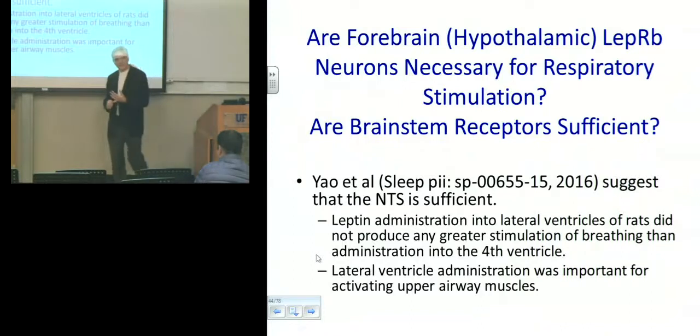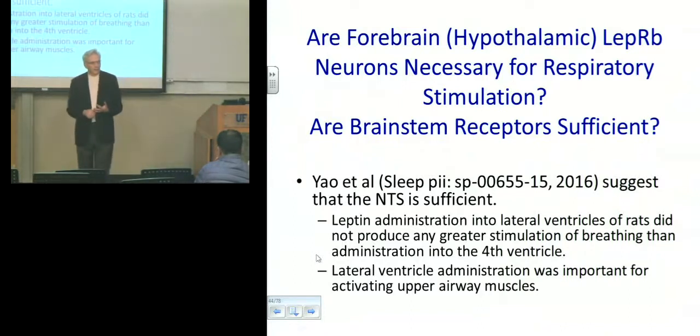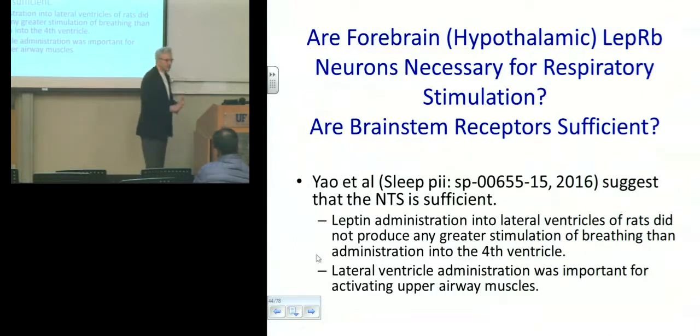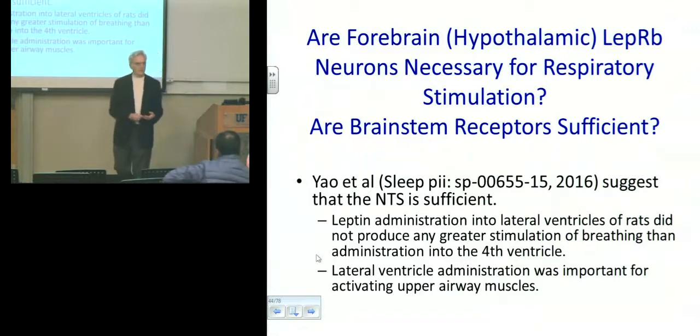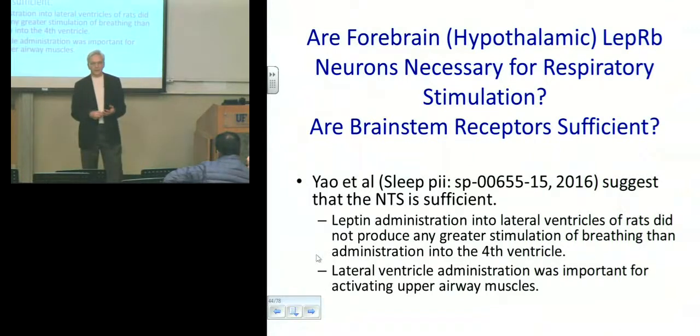What they found was if they injected leptin into the lateral ventricles, they got an increase in both breathing magnitude, and so phrenic output, and airway tone. So airway tone increased, reducing the incidence of obstructive sleep apnea. On the other hand, if they injected leptin into the fourth ventricle, they got an increase in breathing and not in airway smooth muscle.